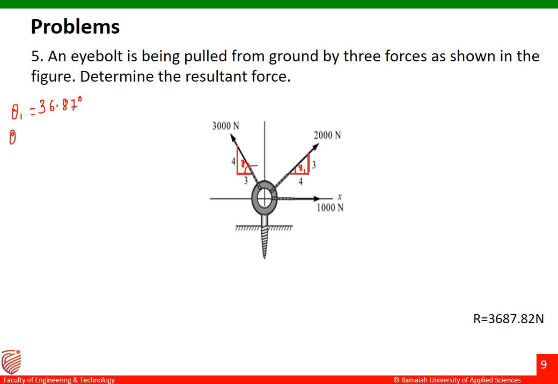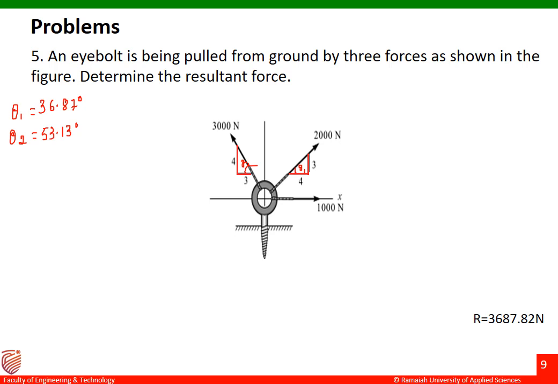Let me go for theta 2. Theta 2 is again tan inverse of 4 by 3. You'll get the answer for theta 2 as 53.13 degrees.